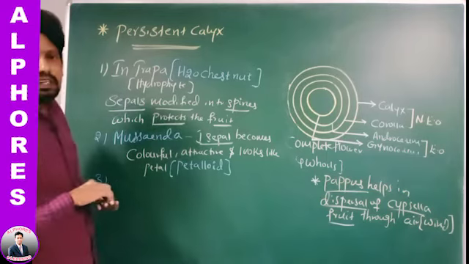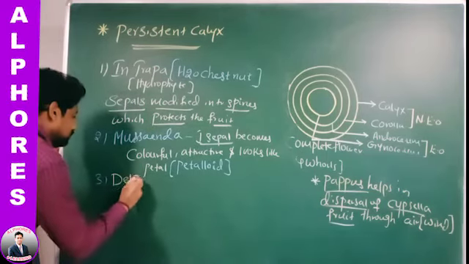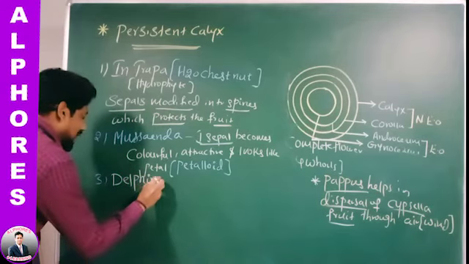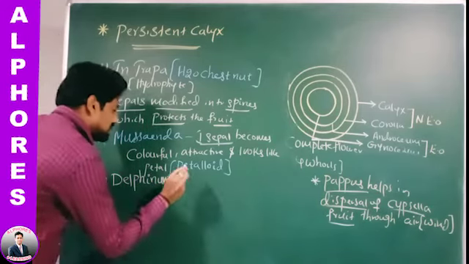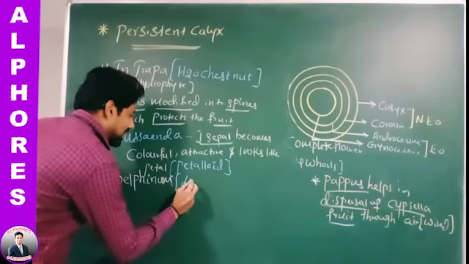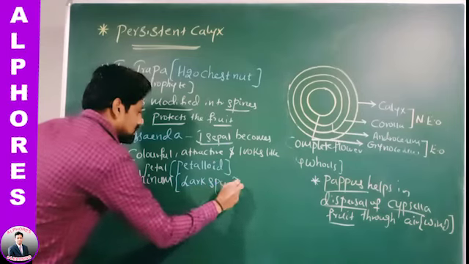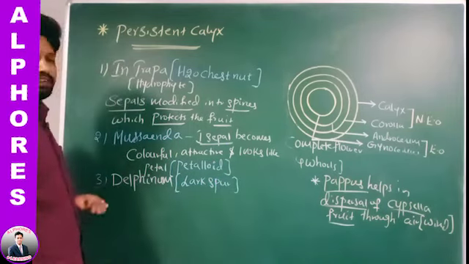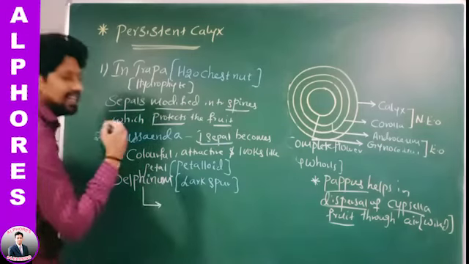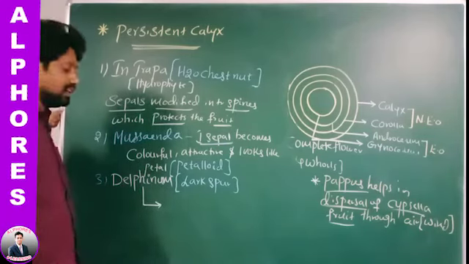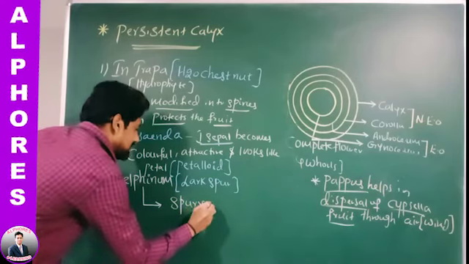Take delphinium. What is the plant name? Delphinium. Sir, this delphinium is commonly called larkspur. What is the common name of delphinium, sir? Larkspur. Sir, in the case of delphinium, a spurred calyx is present.